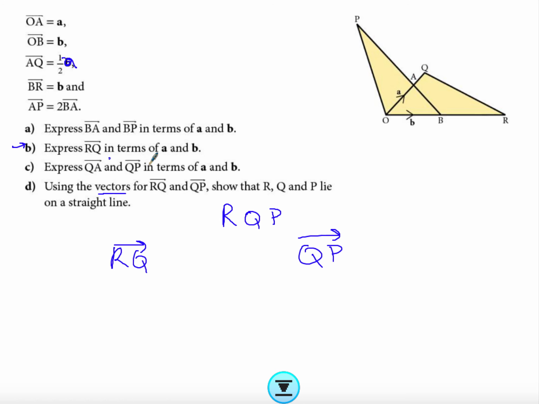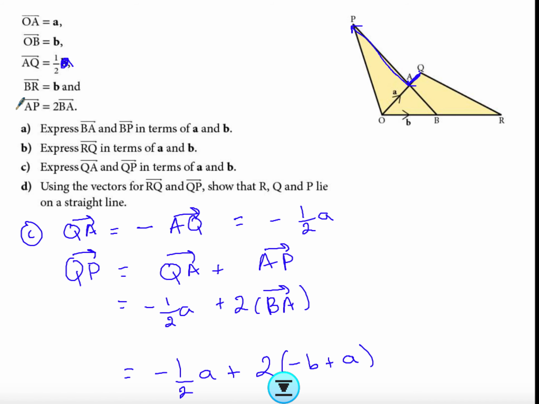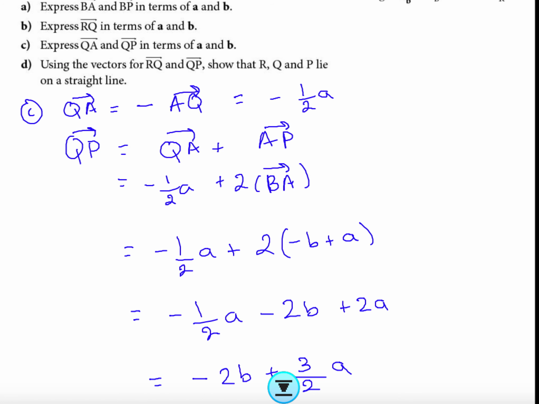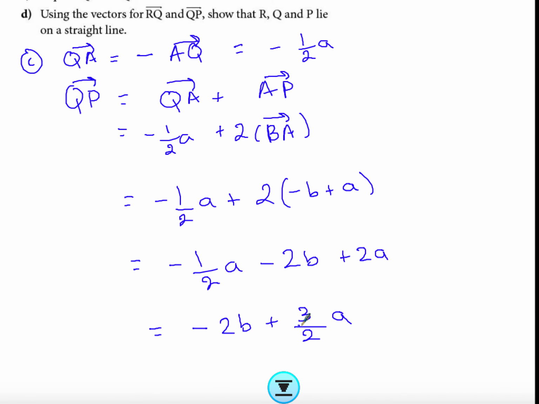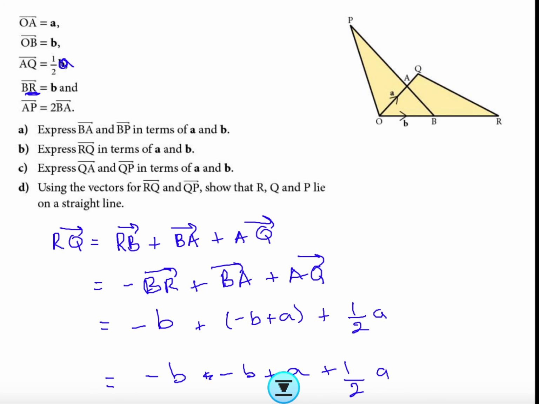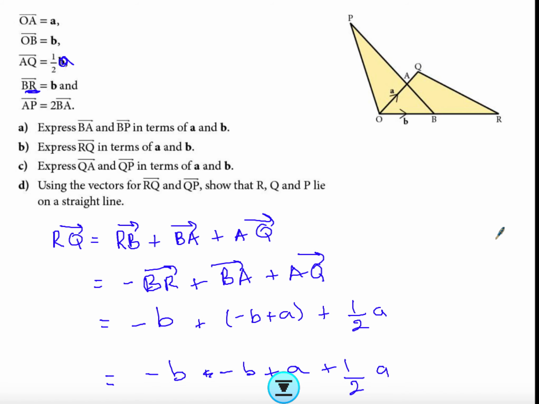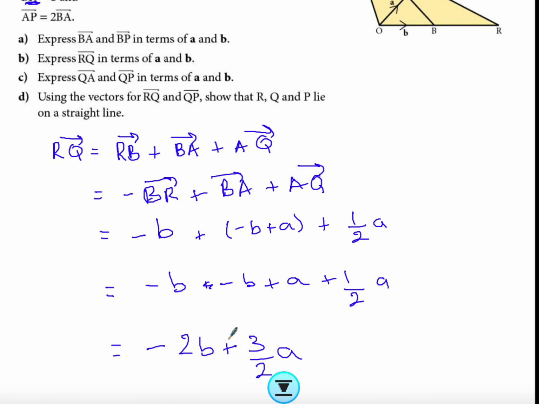RQ we found in part B, and QP we found in part C. Now notice they share the same point, and let's just use the values we got. So for QP we have negative 2b plus 3 over 2a, and for RQ we have the same thing, negative 2b plus 3 over 2a.